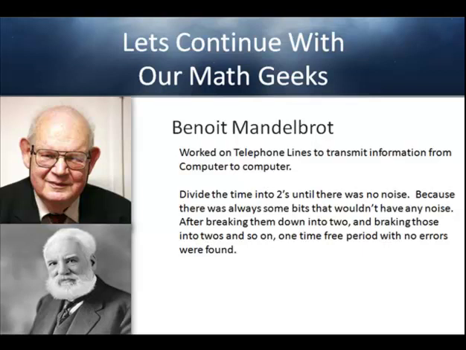If you know anything about computers, you'll know that noise inside a telephone line is very bothersome. You can imagine sending data from one computer to another can get corrupted between the two if there is a lot of noise. Engineers didn't know what to do, so Mandelbrot came up with the Cantor set, and this was able to solve their issues as well.